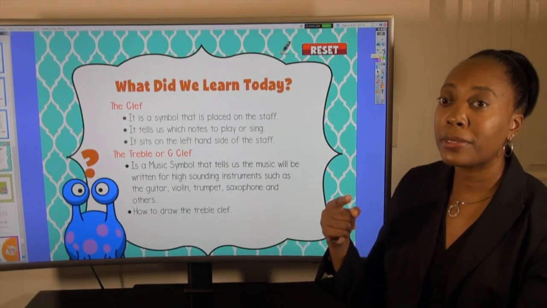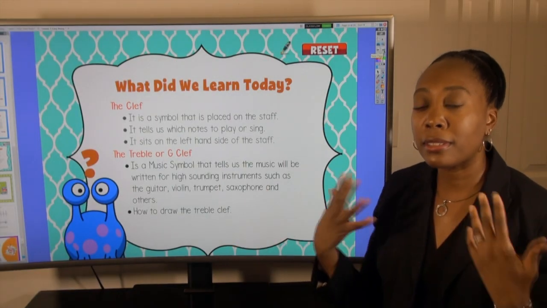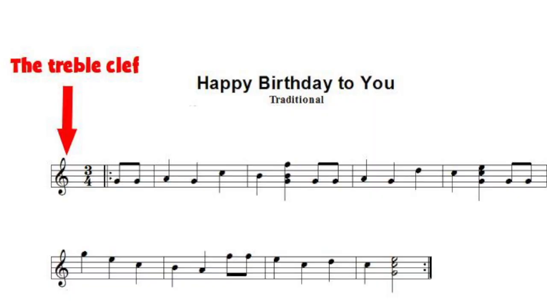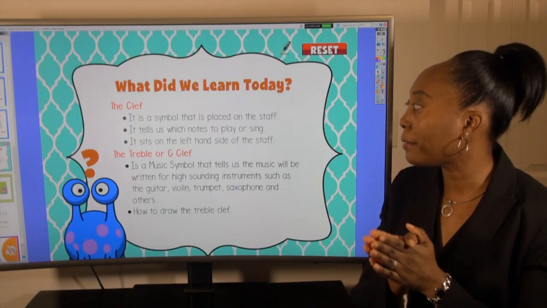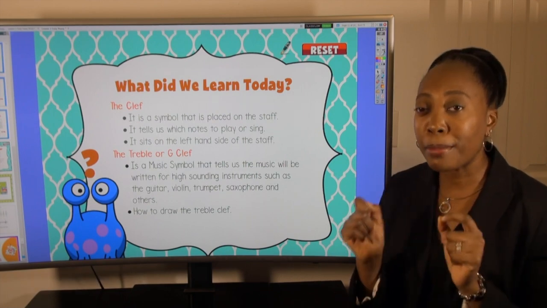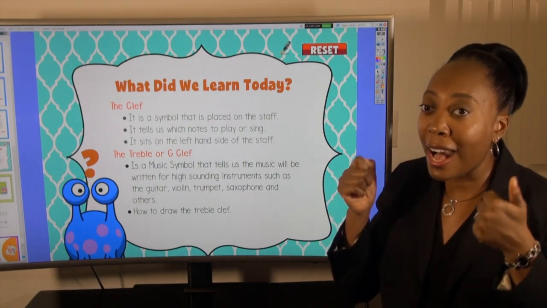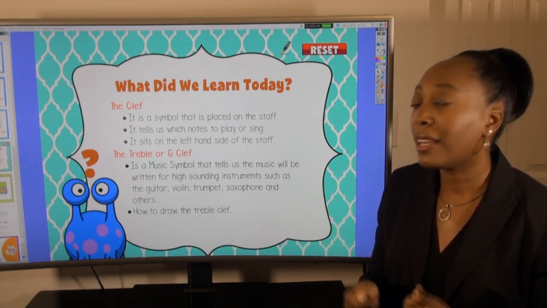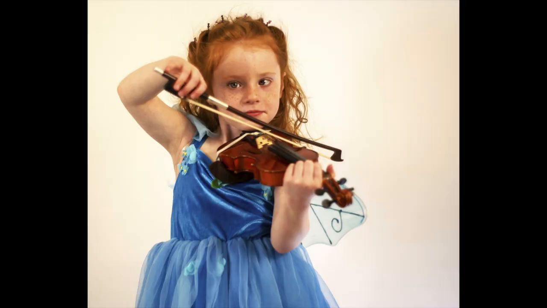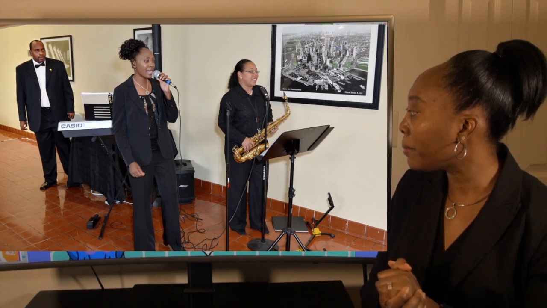And it tells the musician what to sing or what to play. And yes, it's on the left-hand side of the music staff to be clear. And the G clef, also known as the treble clef, is for high-sounding instruments. For example, the guitar, remember the violin, saxophone, and a couple other instruments.